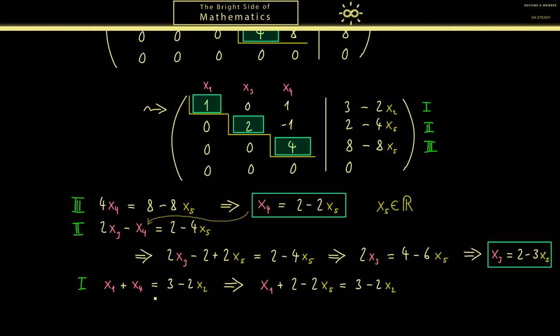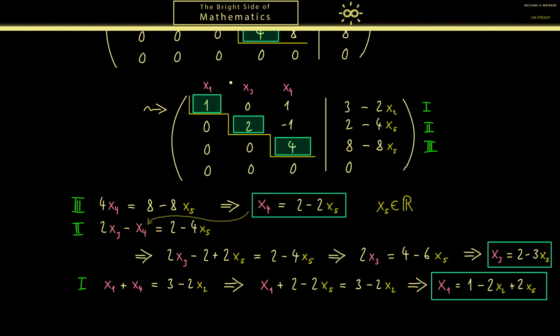So you see, we simply put that in and then we bring all the numbers and all the free variables to the right hand side. And then we get our result for x1, which is 1 minus 2x2 plus 2x5. And there we have it. This is the result we want for x1.